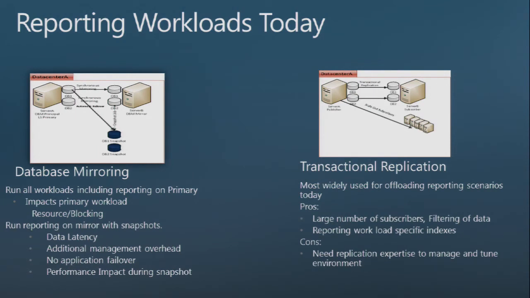So you can get a much better performance of your reporting workload. But the challenge with replication is that it is hard to set up, and if you have a high transactional throughput, replication does not scale as well. So as you can see, in today's environment, 2008 R2, customers are using the current technologies to run their reporting workload, but there are challenges.